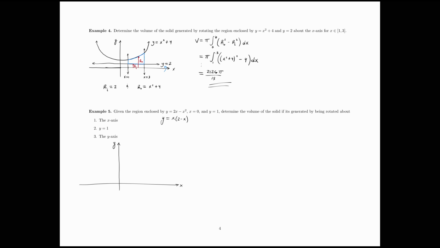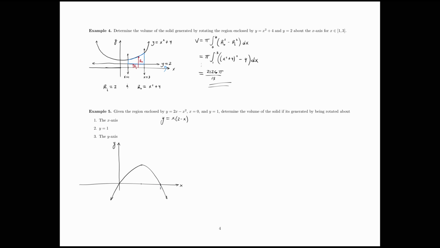So let's say this is 2. Then 1 is like about right in the middle there. So let's just say we have something like this. There we are. So there's the one graph.